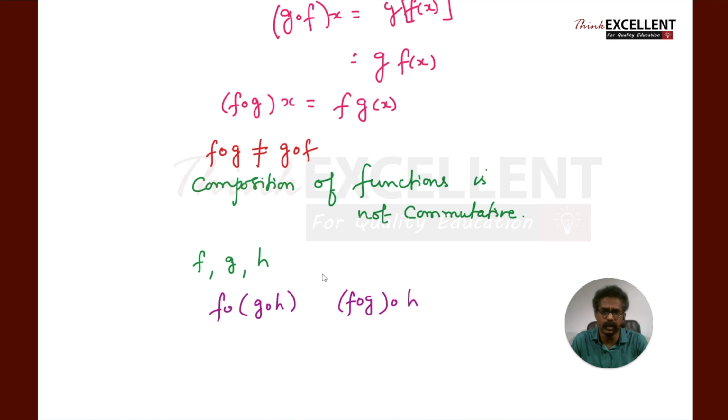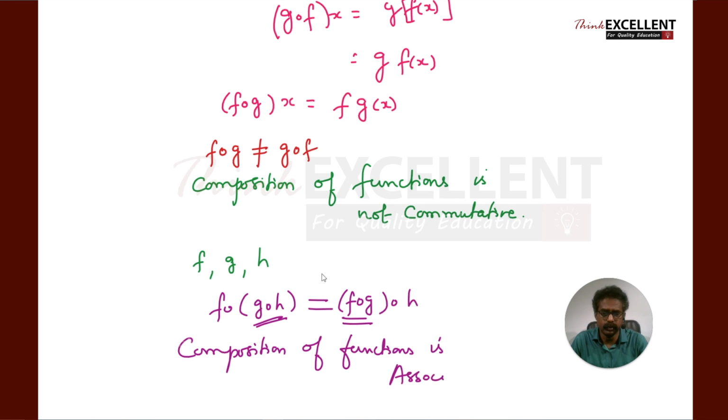Here g and h we are grouping; here we are grouping f and g. In any case, you can see they are equal. So f composition (g composition h) is equal to (f composition g) composition h, and this property we call associative. So composition of functions is associative. Later we are going to do sums using this. All those are 5-mark questions.